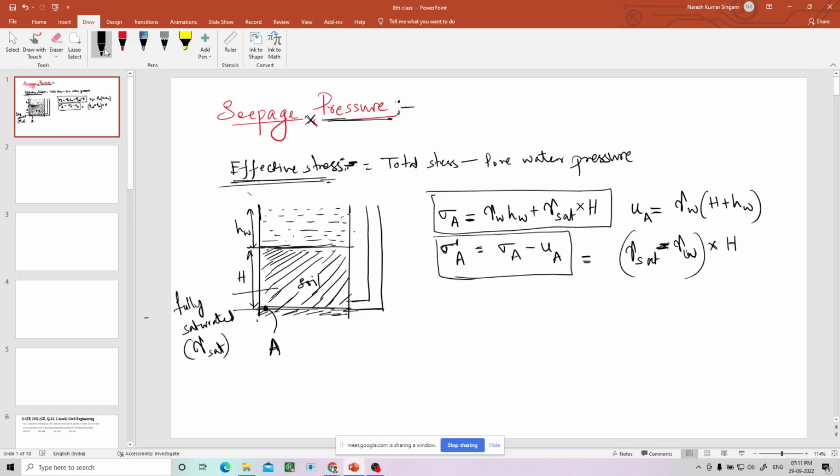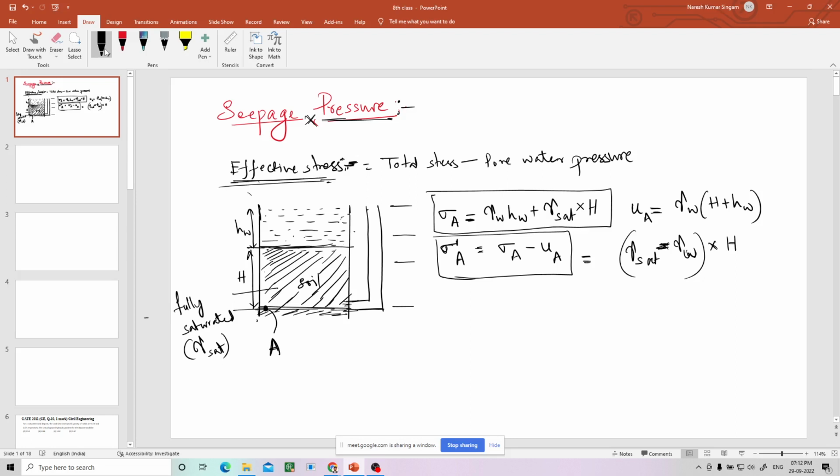Now another question from this concept. If I put a tube here, there will definitely be water flow into it because the soil is fully saturated and open. Up to what height will it be filled in this tube? Can someone tell me the final water height in this tube?